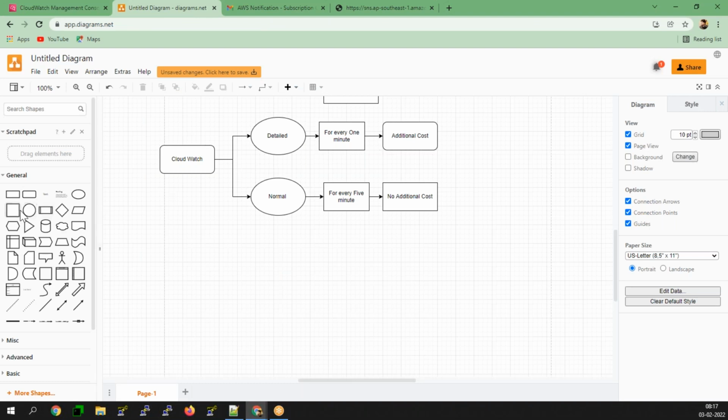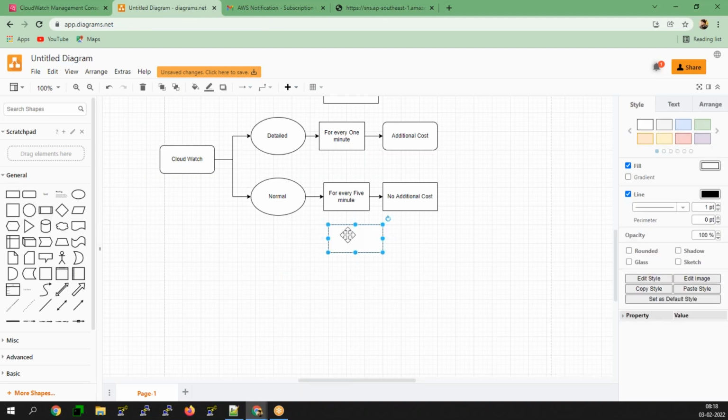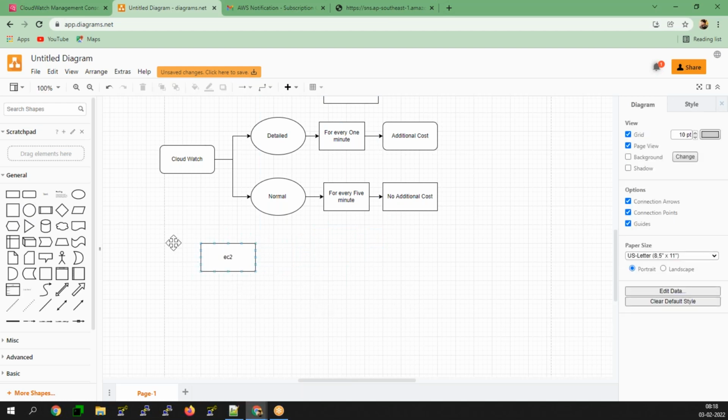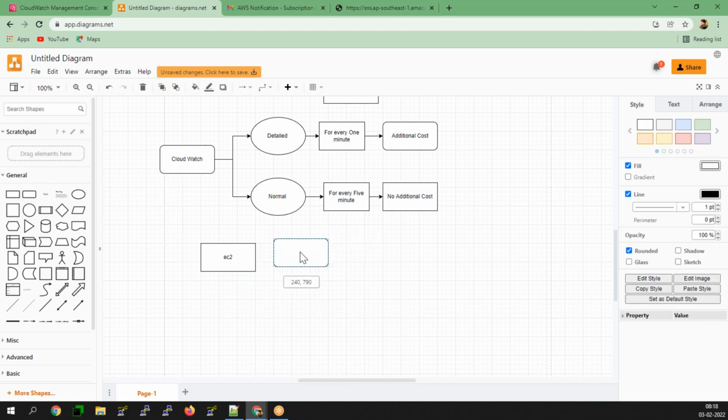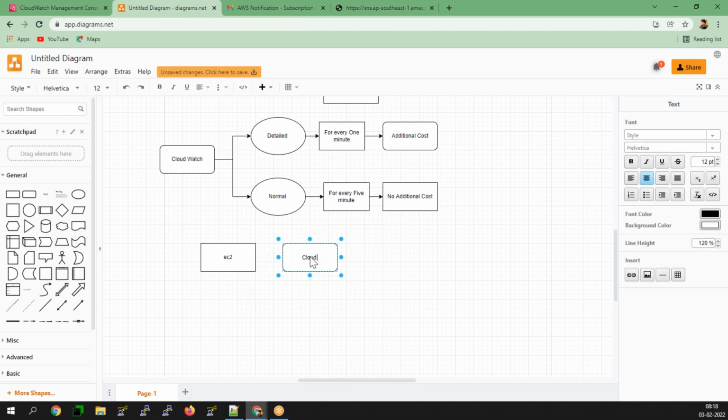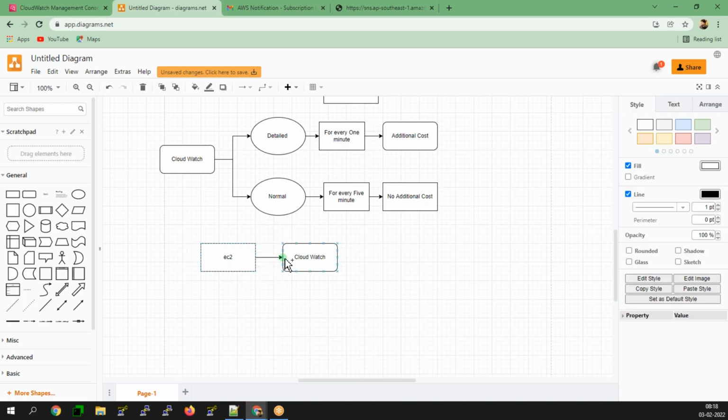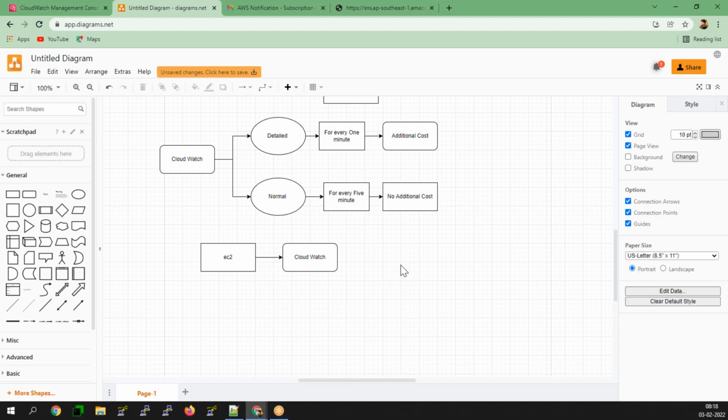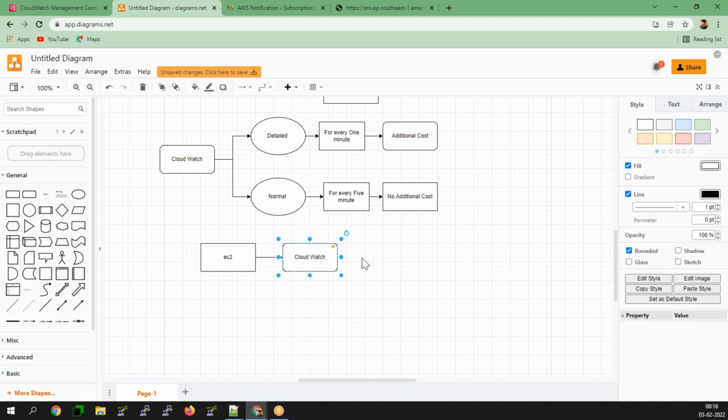You are measuring EC2 instances with the help of CloudWatch.